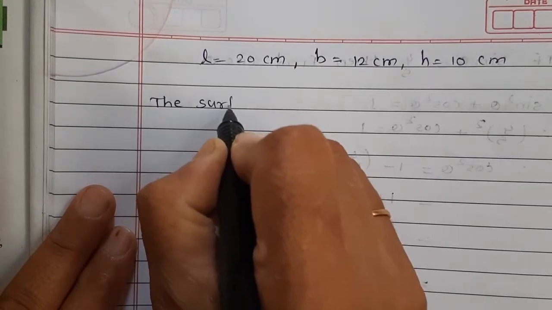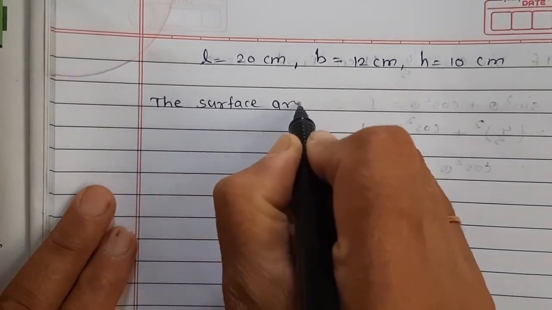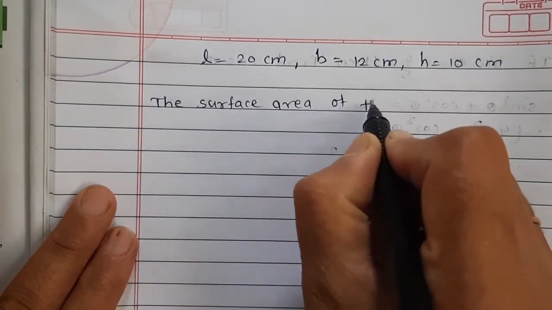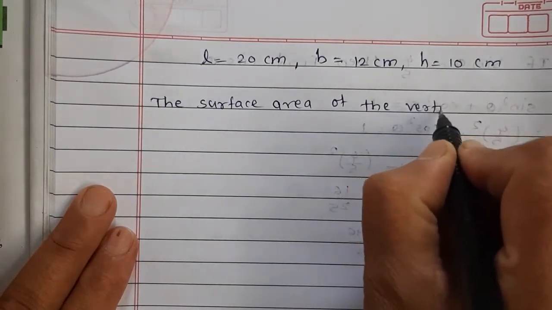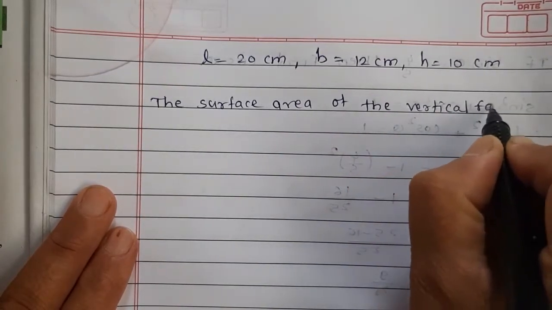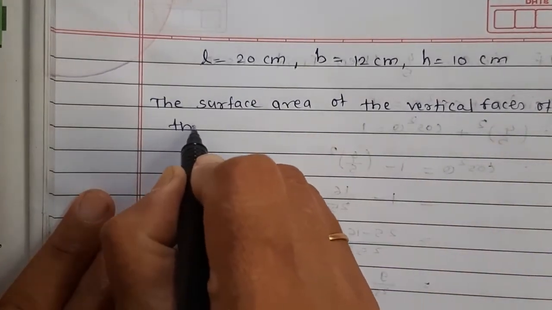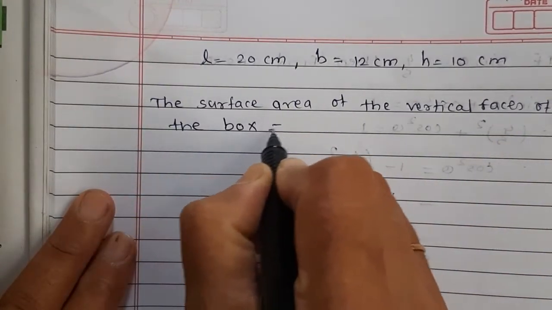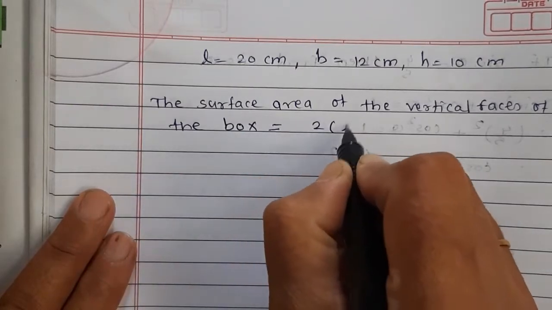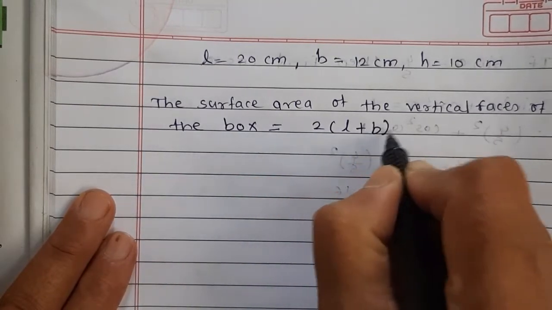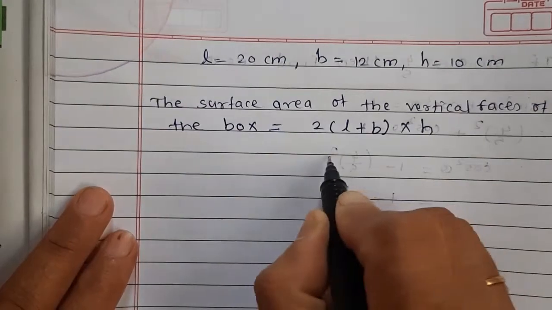The surface area of the vertical face of the box equals 2 in bracket L plus B into H. This is the formula.